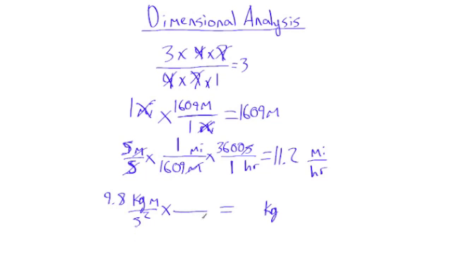So I'm going to end up putting meters on the bottom, seconds squared on the top. If I just put seconds, I'm only canceling one of these seconds, and so I'll end up in meters per second, which is not what I want. So make sure you do seconds squared.